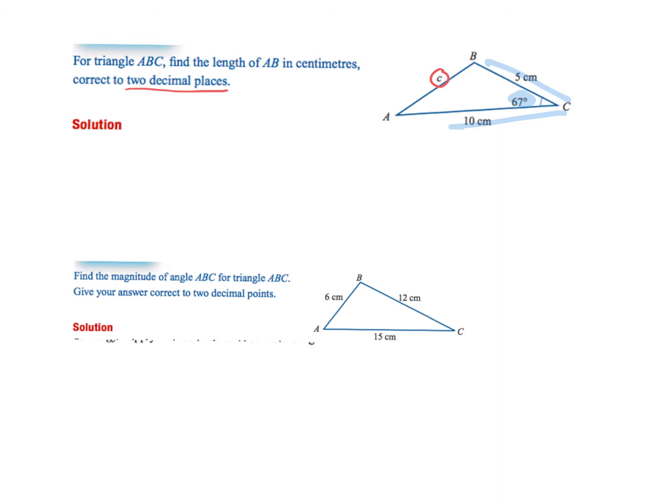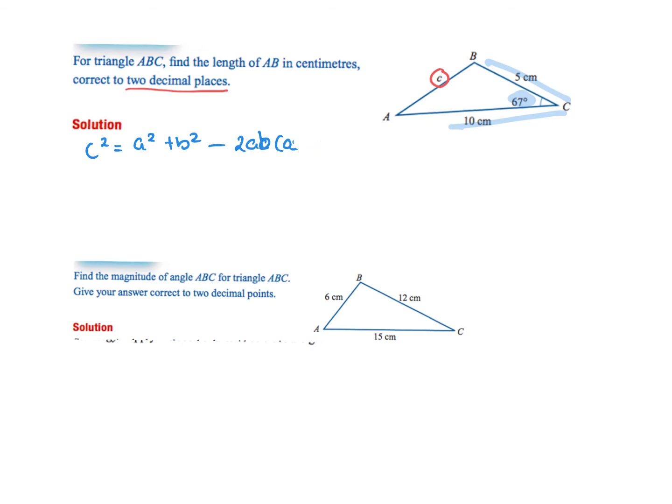So if you look back on the other page, it said C squared equals A squared plus B squared minus 2AB cos C. Oh my god, I've written cos twice.